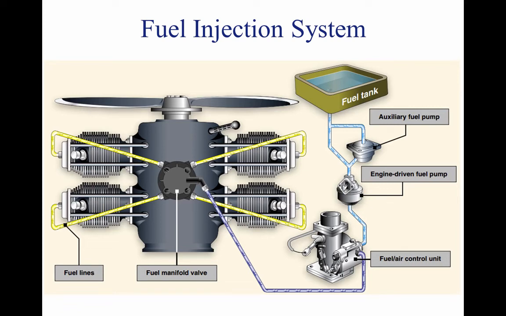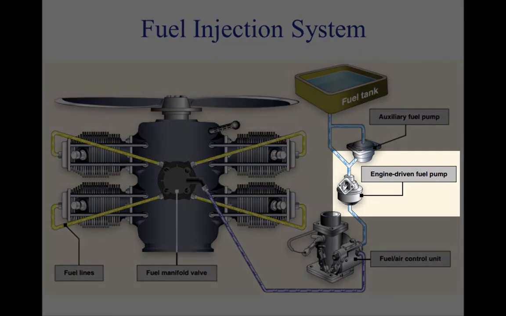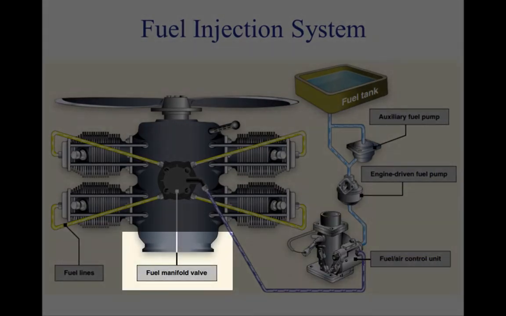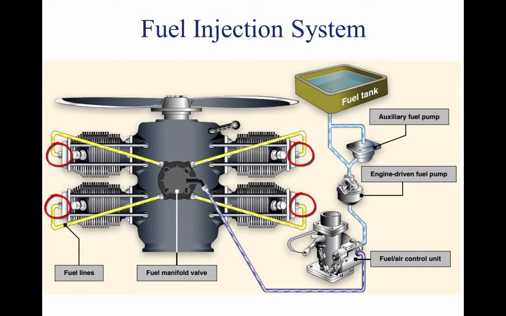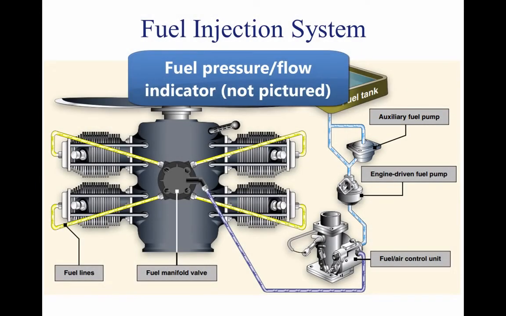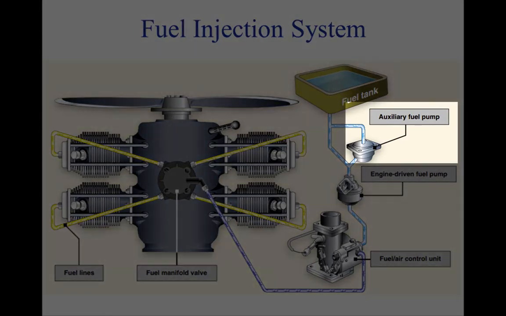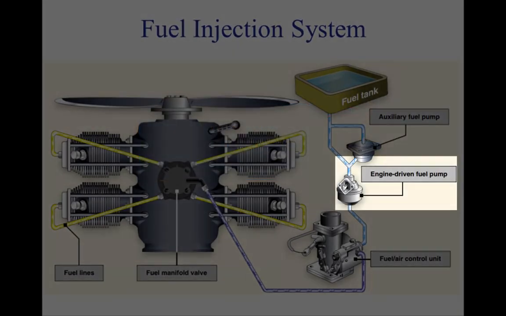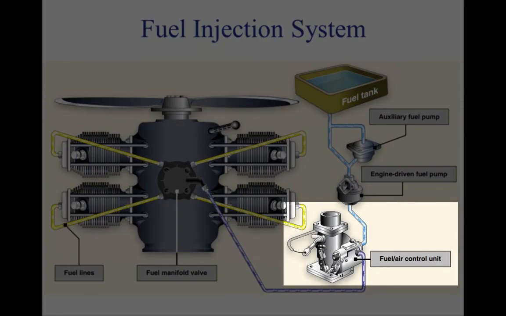A fuel injection system usually incorporates 6 basic components: an engine-driven fuel pump, a fuel air control unit, fuel manifold, fuel distributor, discharge nozzles, an auxiliary fuel pump, and fuel pressure flow indicators. The auxiliary fuel pump provides fuel under pressure to the fuel air control unit for engine starting and/or emergency use. After starting, the engine-driven fuel pump provides fuel under pressure from the fuel tank to the fuel air control unit.